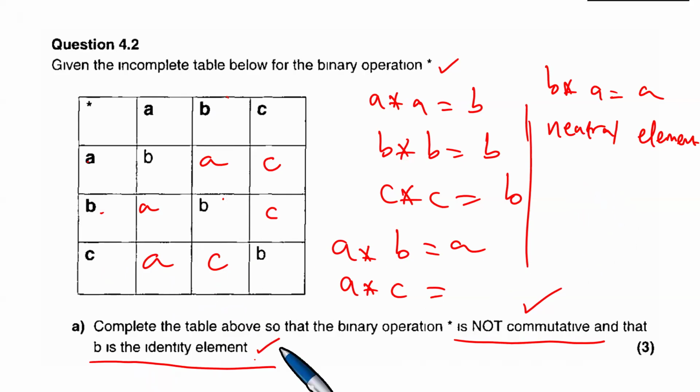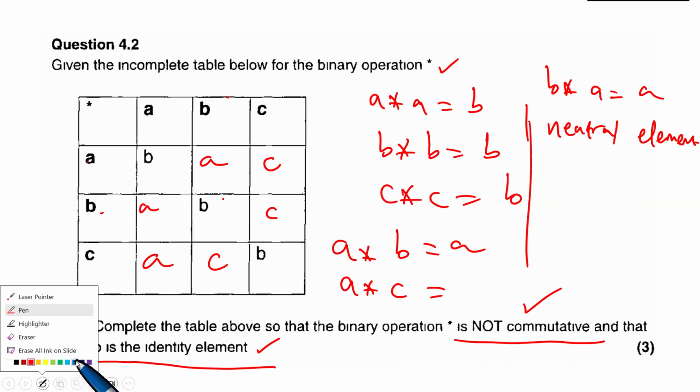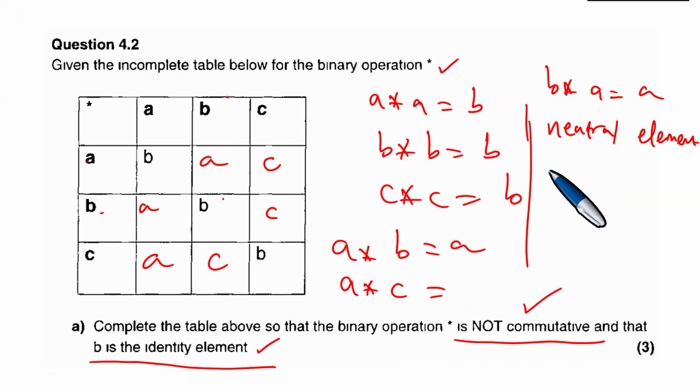But for example, let us reason this together. You can say C star C is B according to this.